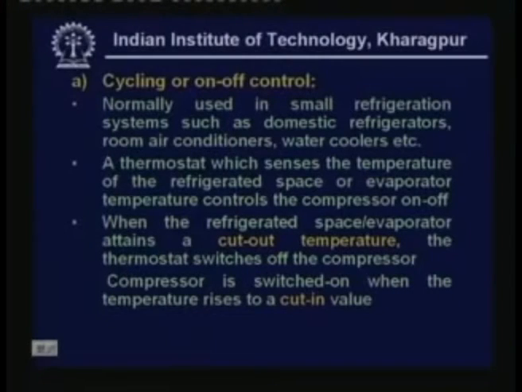That means when the thermostat senses that the temperature has reached the cut-in temperature, the switch is closed and the compressor starts running again. So in a nutshell, when the temperature reaches cutout temperature, compressor is switched off, and when the temperature reaches a cut-in temperature, compressor is switched on again. So this is the principle of a thermostat control, on-off control.